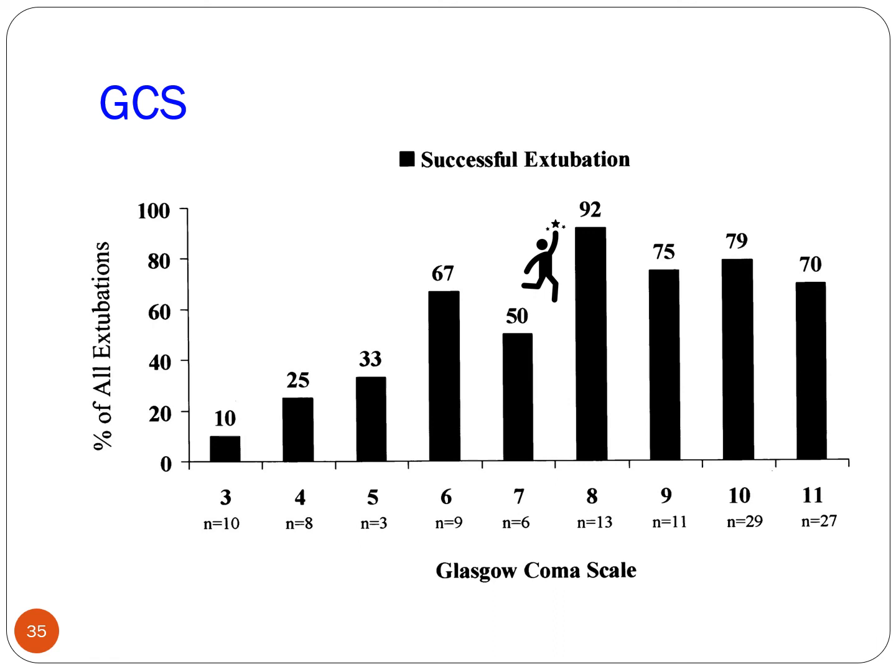So when you look at this chart, this is a chart of successful extubations in relationship to Glasgow Coma Scale. The Glasgow Coma Scales are on the bottom. We have a Glasgow Coma Scale of 3, 4, 5, and all the way up to 10 and 11. And you notice that patients with the most successful extubations fall into this realm right around here.